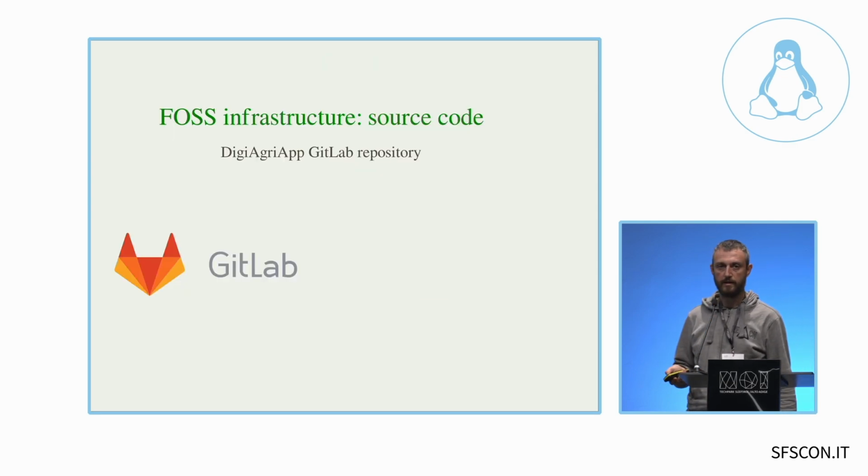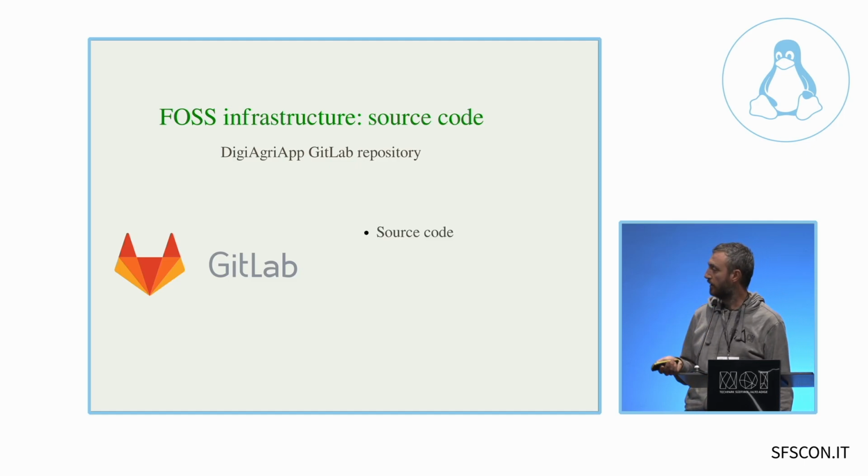Since we are at an open source software conference, I will show you a little bit of the infrastructure behind DigiAgriApp. It's mainly based on open source solutions. The source code is in GitLab. I'm using the provided version of GitLab, but GitLab is open source itself, so if something happened to the company, I can take my project and install GitLab on my server and continue to use it without any problem.